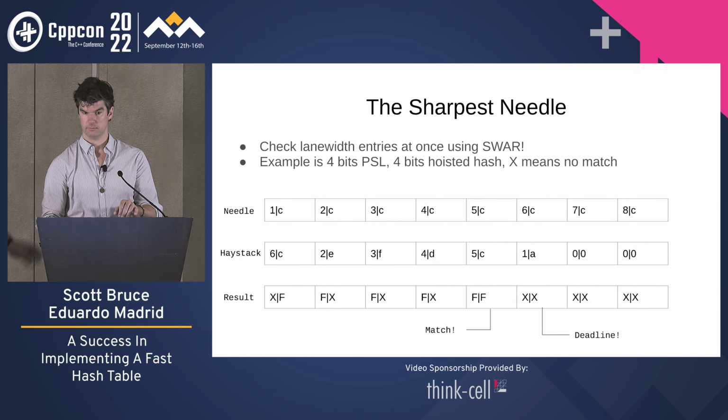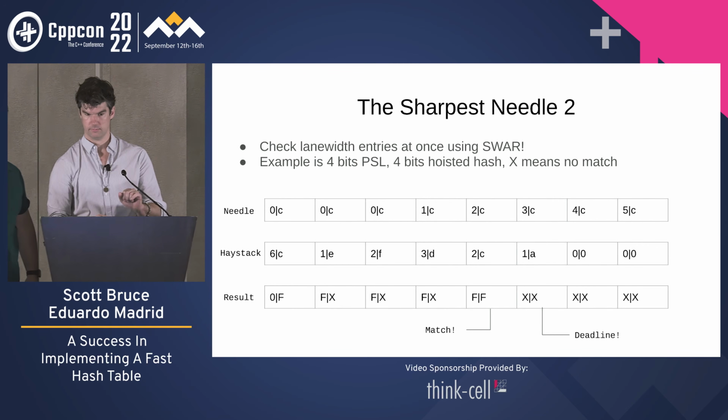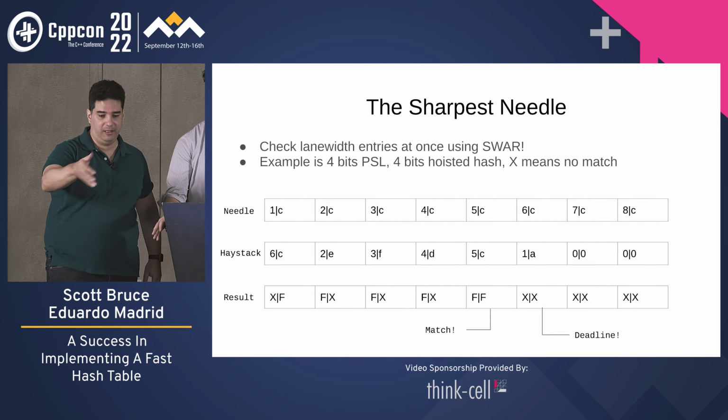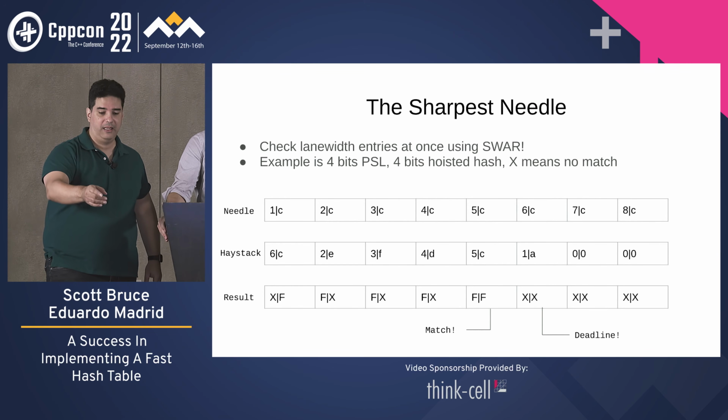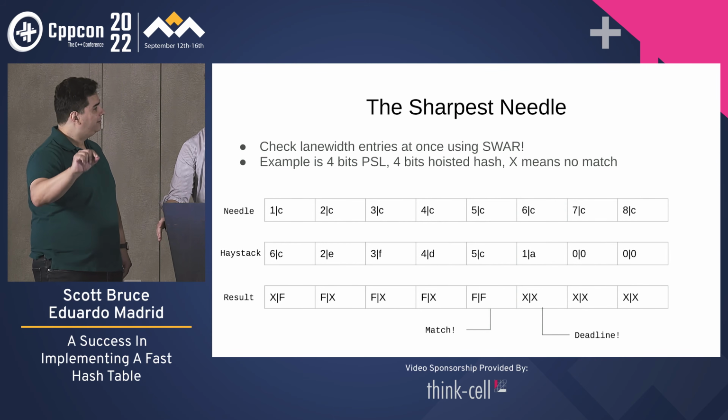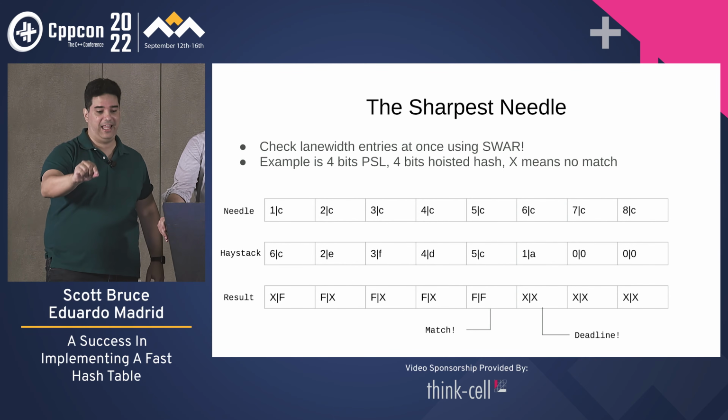We can go back. This is very important: immediately after the match, in this particular case, you see that the needle is poorer than the haystack. The needle will be poorer than the haystack.